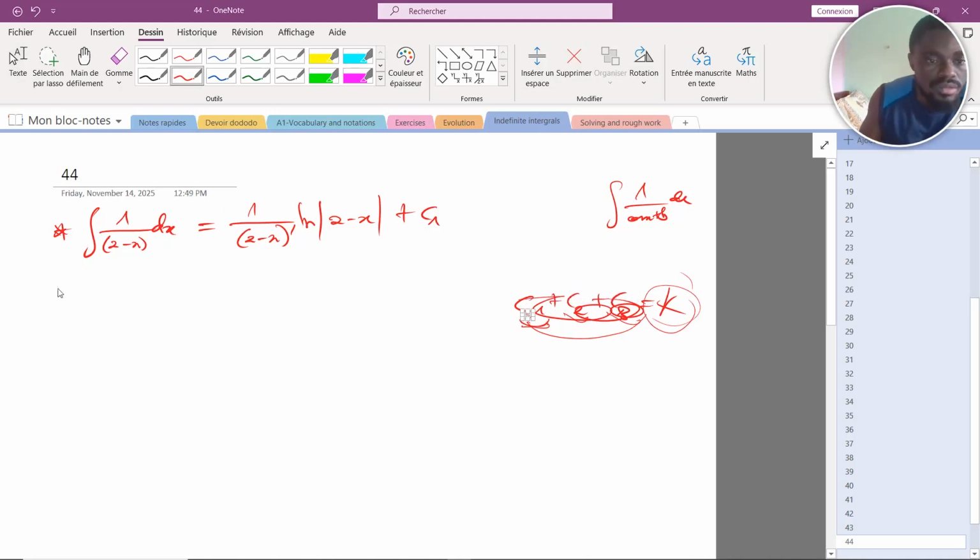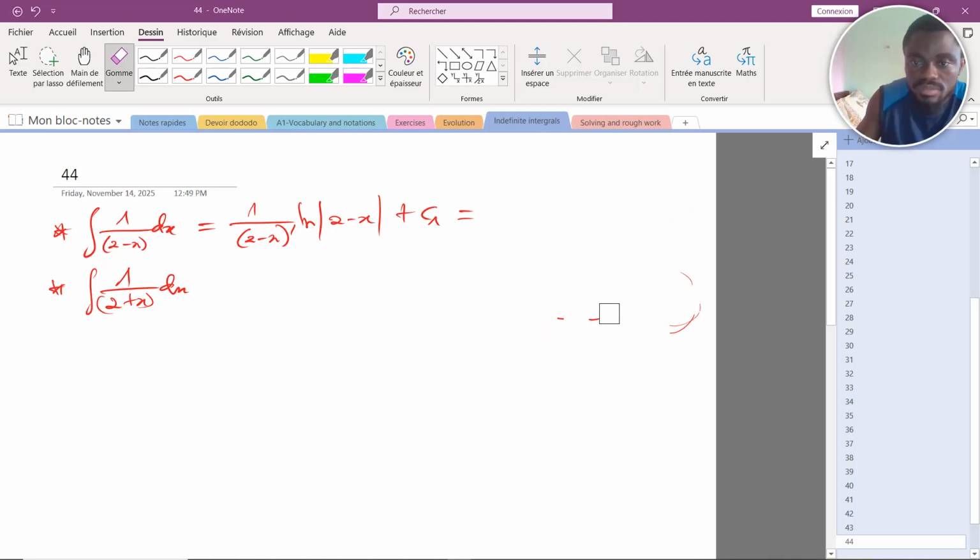So the next one, integral of 1 all over 2 plus x dx. Let me simplify back. When you differentiate this, let me wipe this, I did not complete the answer. When I differentiate this it gives what? Minus 1. So I'll have minus ln of the absolute value of 2 minus x plus a constant c1.